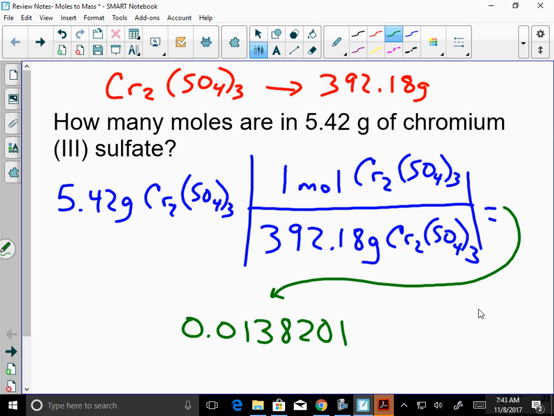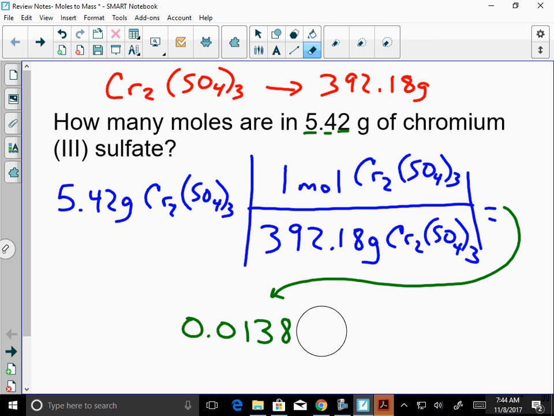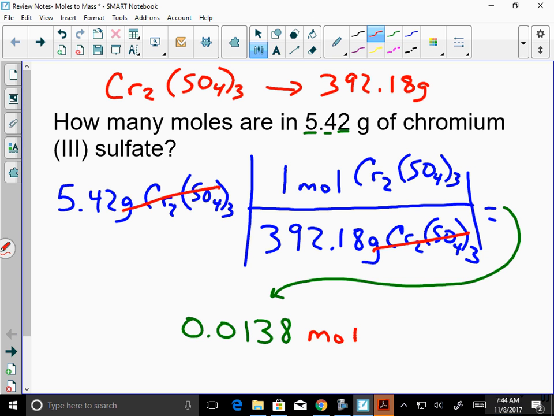I'm going to cut it off there because I've got plenty of numbers. I come back to my original number given, and I have 3 significant digits. So I'm going to round this to 3 significant figures, which is going to be that value right there. I look back up here. I've got grams here to cancel. What is my final label going to be? Moles of chromium(III) sulfate.